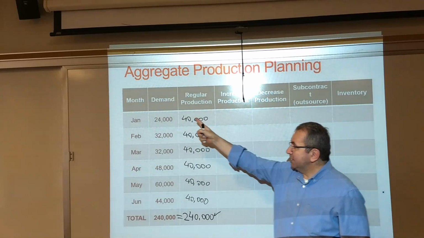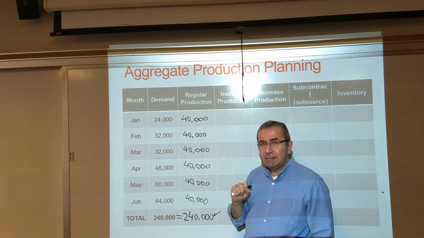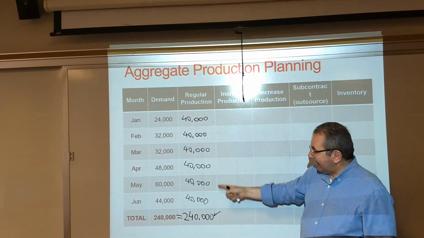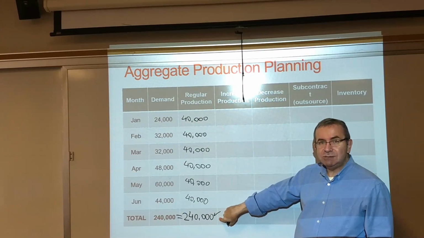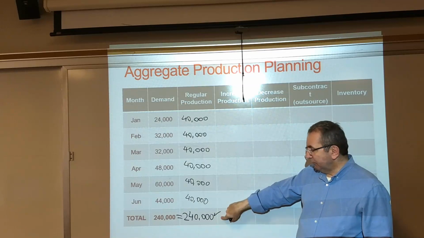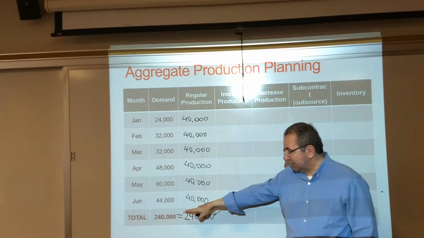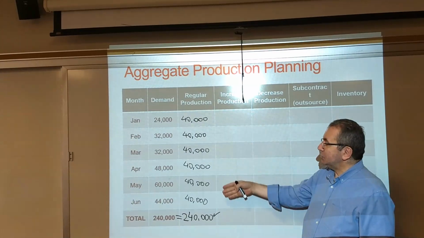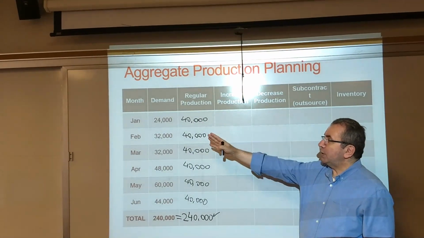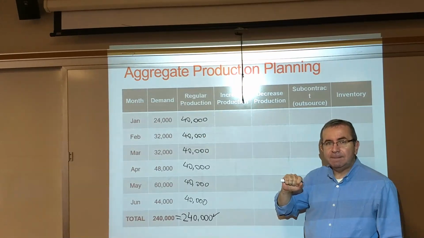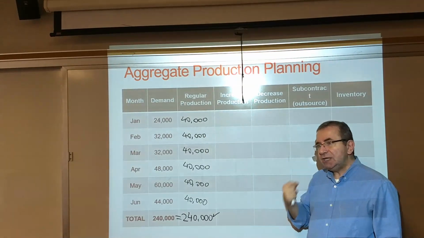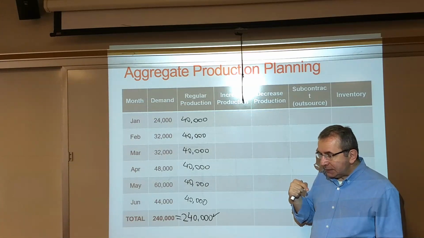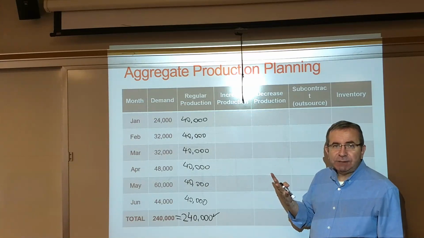Demand increases or decreases, but you don't care. This production plan will give you 240,000 items over 6 months, and you will meet total demand. It's very easy to manage because you don't worry what happens with the demand.